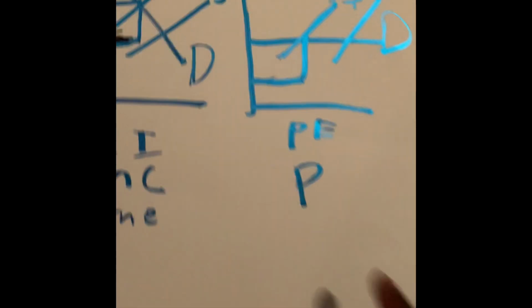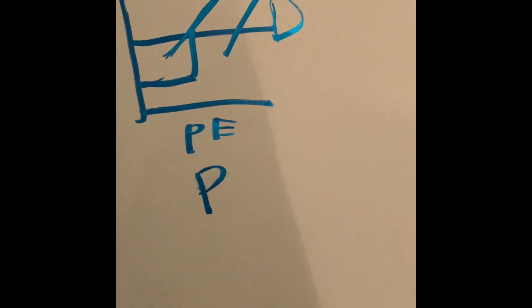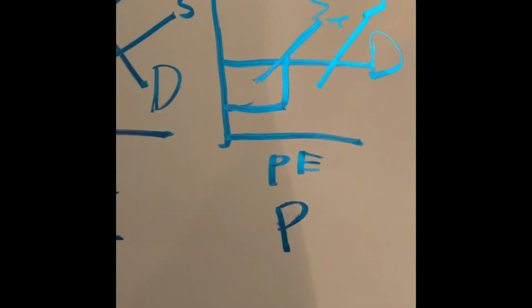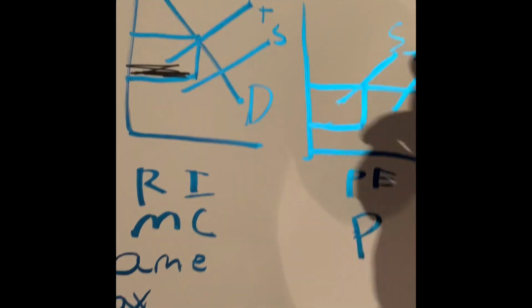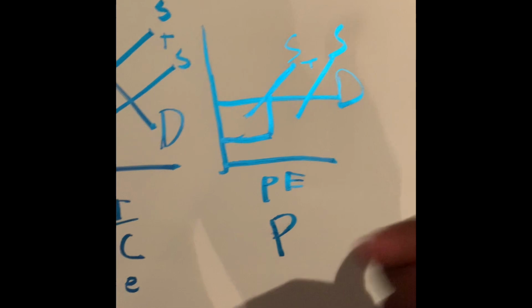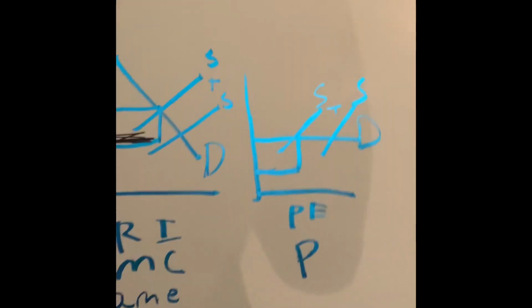But if you have, like this, for example, perfectly elastic, it's basically saying if the price goes above a number, nobody will pay for it. But if it's below, then the amount being bought will be infinite. So they can't have it go over that price. So that means producers will end up paying all that tax. And that is taxes.